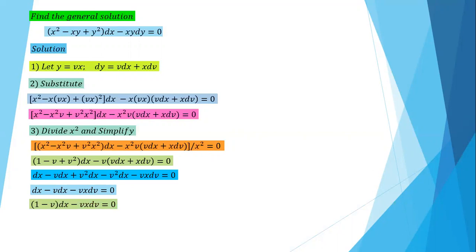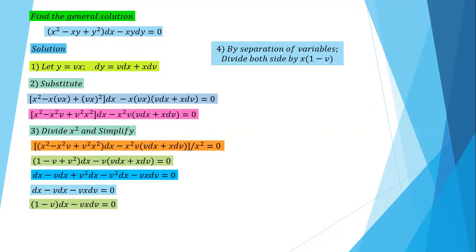So factor dx, we have now 1 minus v times dx minus vx dv equals 0. Next, by separation of variables, we divide both sides by x times 1 minus v. So we have the quantity 1 minus v dx minus vx dv equals 0 all over x times 1 minus v.